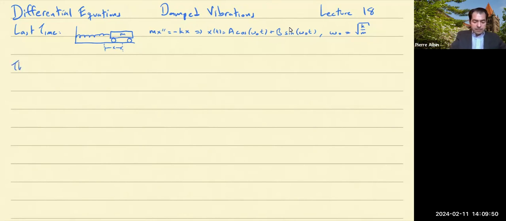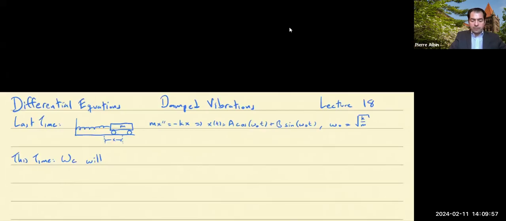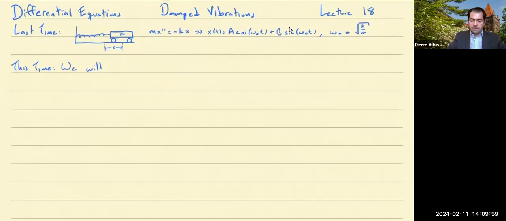This time, we will introduce into this model a damping force.